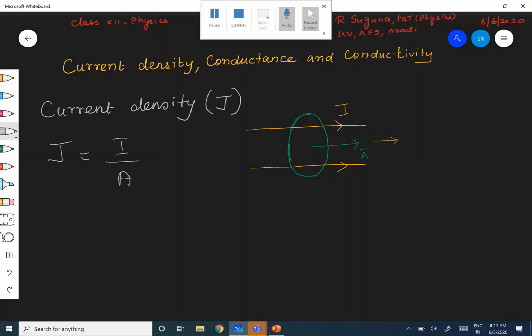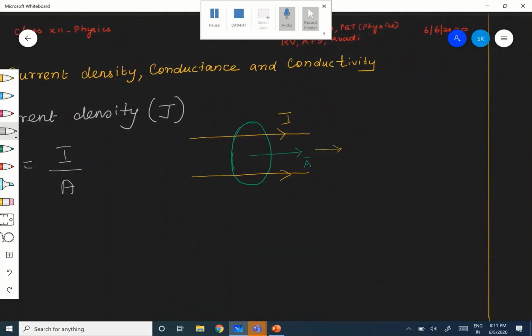But there are cases where the area is not exactly normal. For example, now I am slightly tilting the area. Let me have the previous area as a dotted line so that it will be easy for you.